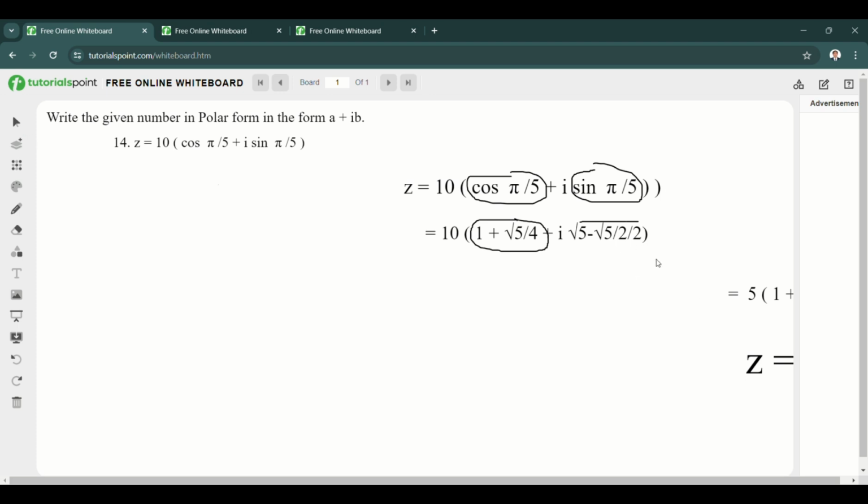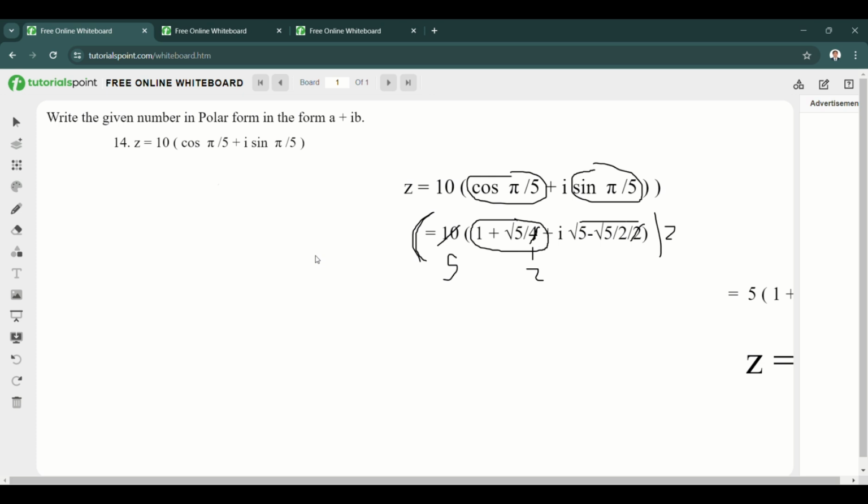Similarly, they are all divisible by 2, the denominator and this step. So by dividing all of it by 2, we cancel this, it will become 2, and this will become 5.